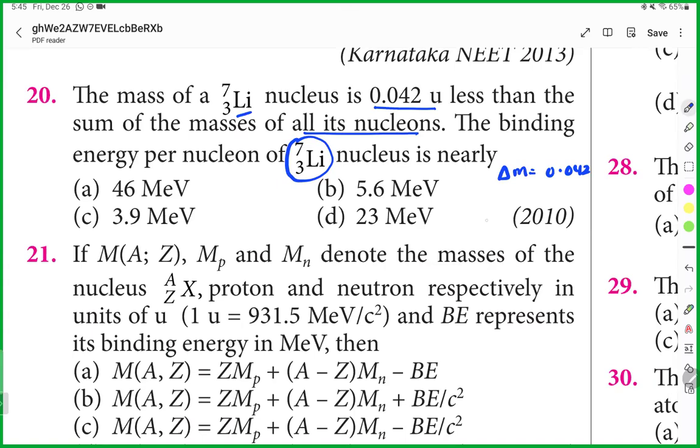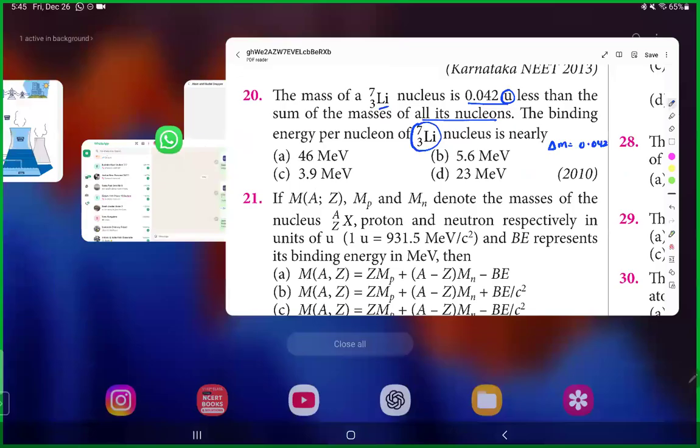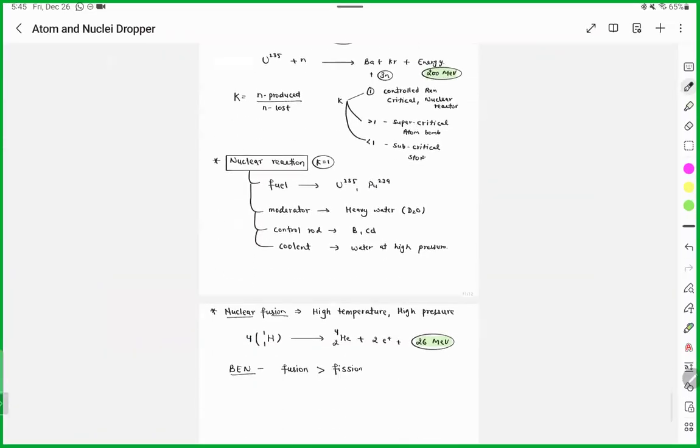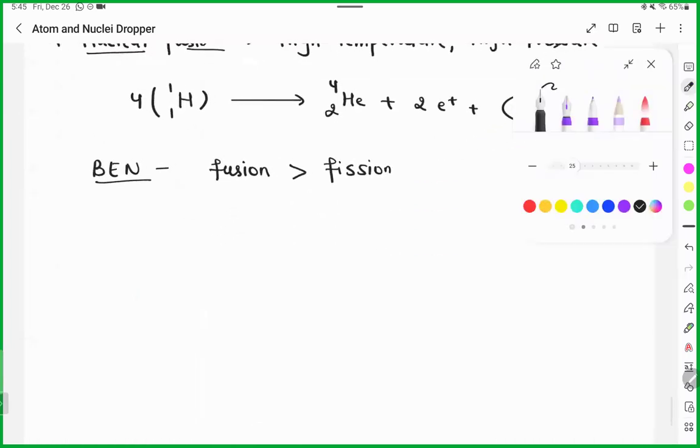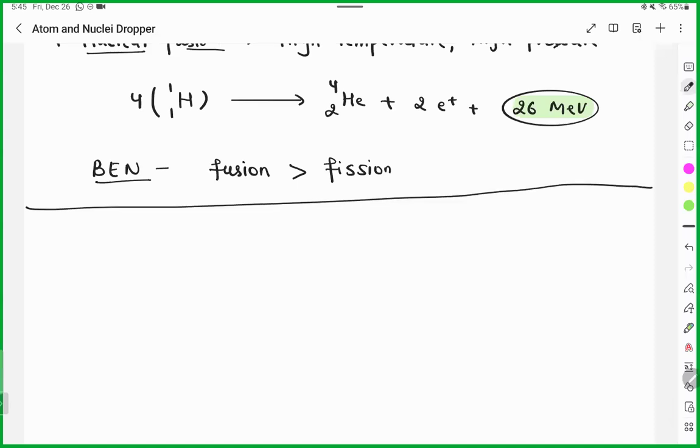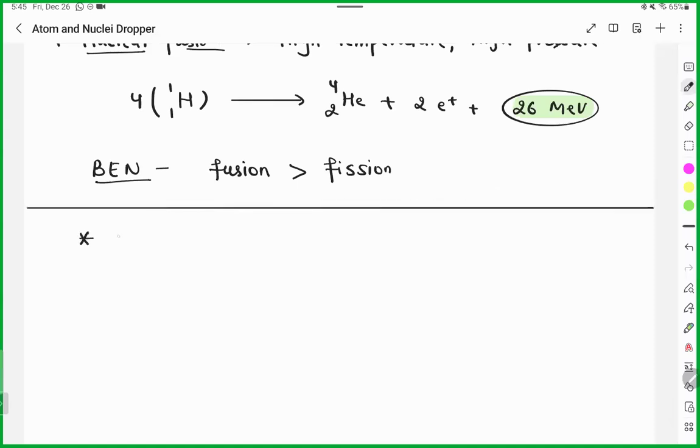If you calculate in the form of delta M total, because it is given in the unit U. And I will add this in notes. One AMU will produce 931.5 mega electron volt by C square.